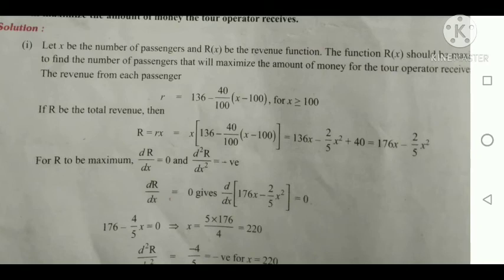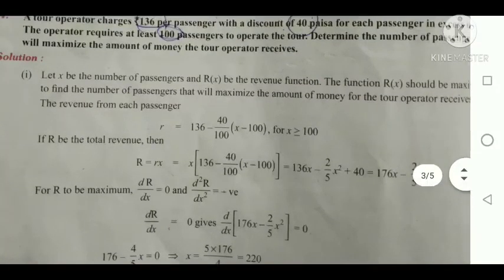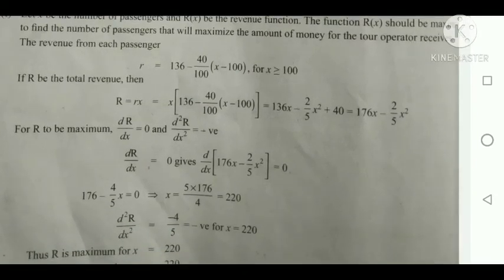That is, for 136 per passenger, he gives a discount of 40 paise for each additional passenger, when x is greater than the minimum. Let R be the total revenue, then R becomes 136 minus 40 by 100 into x minus 100, into x, that is R(x). Here we already found the small r; in order to find the total for the number of passengers, I am multiplying by x.